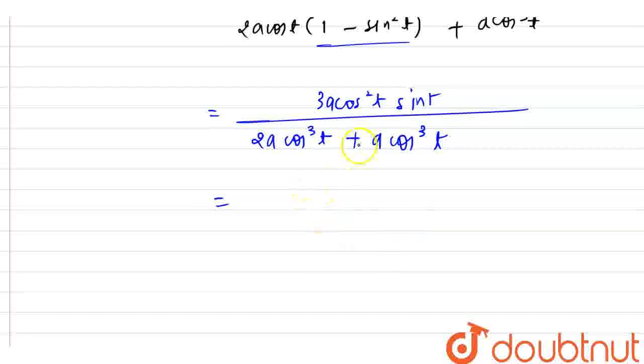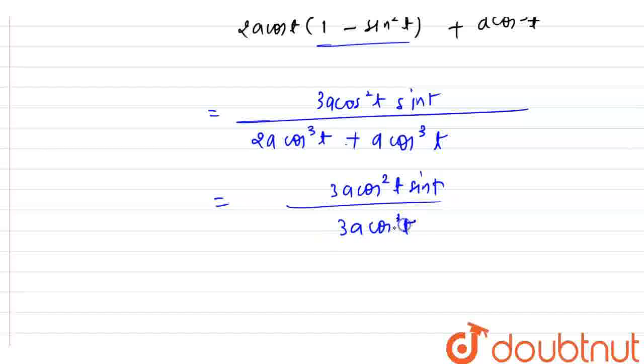Now from here I can easily add the denominator, so it will be 3a cos² t sin t over 3a cos³ t.